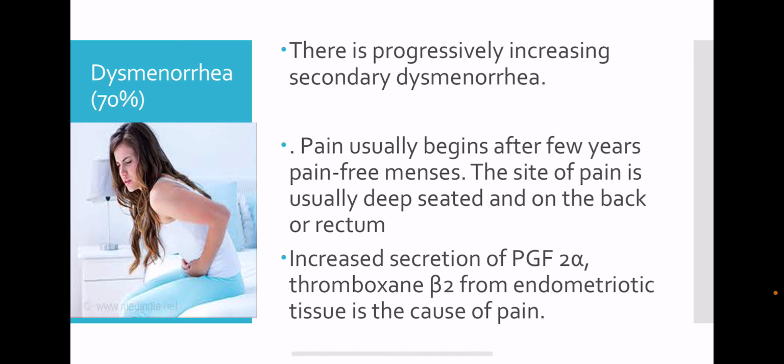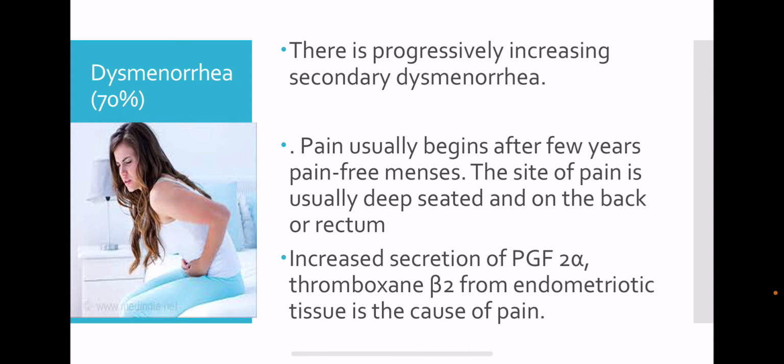Increased secretion of prostaglandin F2 alpha and thromboxane B2 from the endometriotic tissue is the cause of the pain. So guys, what happens in dysmenorrhea? There is a role of the prostaglandins in the cause of the pain. The prostaglandins will be synthesized from the secretory endometrium. These prostaglandins will act as a strong vasoconstrictor. Acting as a vasoconstrictor, they cause ischemia, angina of the myometrium.